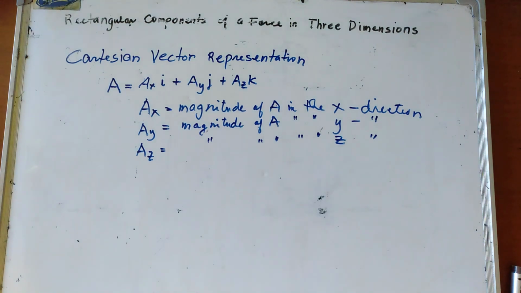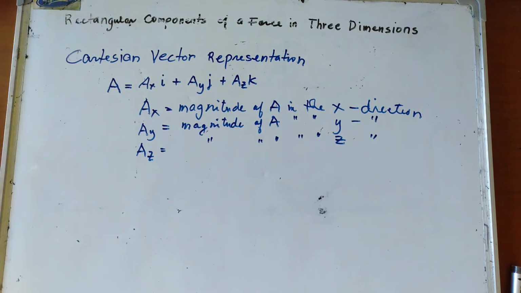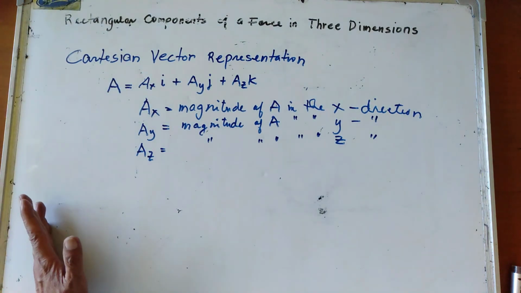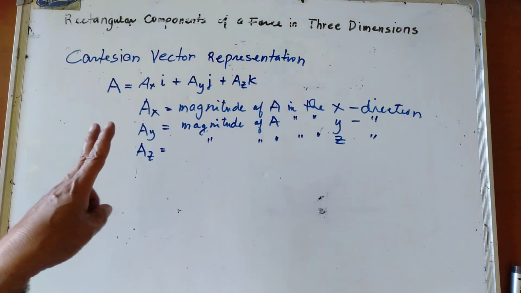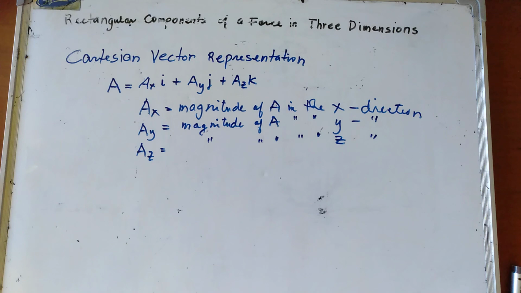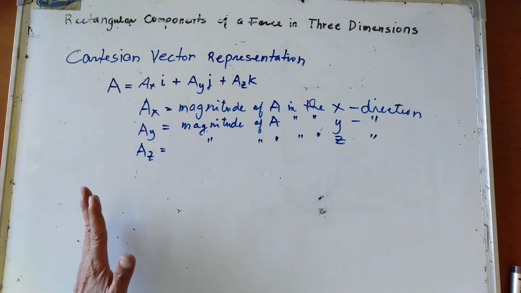Take note that if AX is multiplied by a unit vector i, that is now a vector, because a unit vector, as we defined before, has a magnitude of one unit.